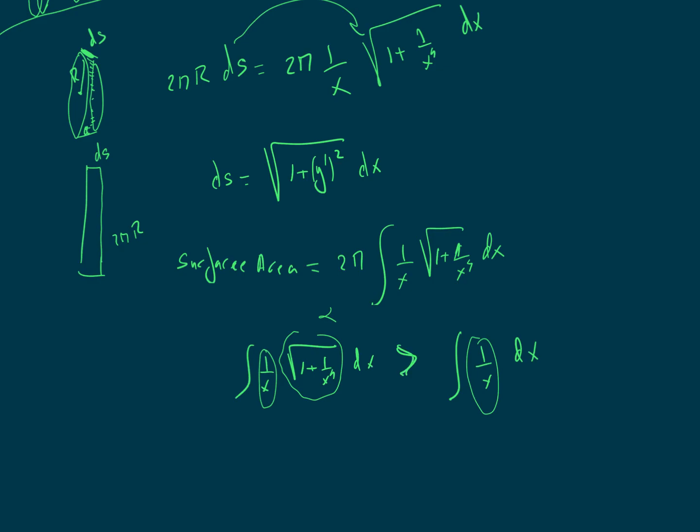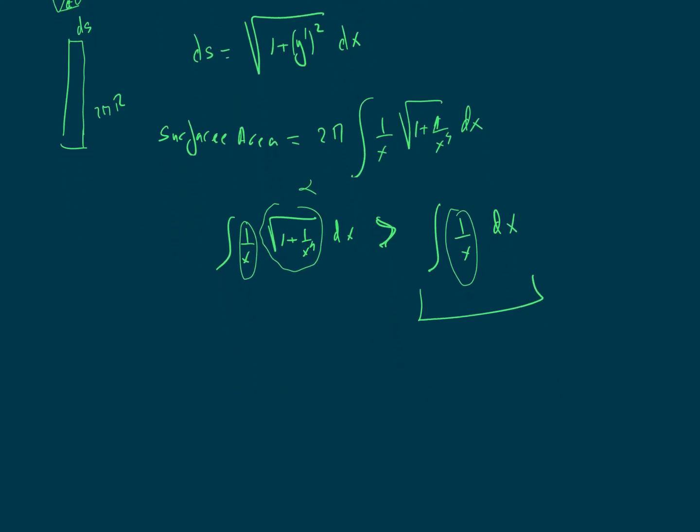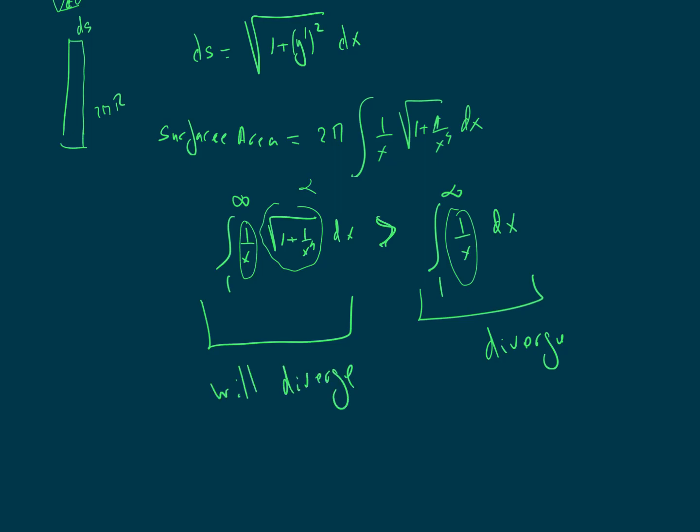Because this integral diverges, because you know by the p-series that the integral from 1 to infinity of 1 divided by x diverges, this one will diverge, and the problem is solved. So why will this one diverge? Because this area is bigger than this area, so it will diverge.